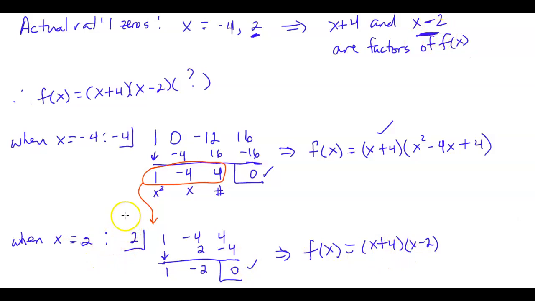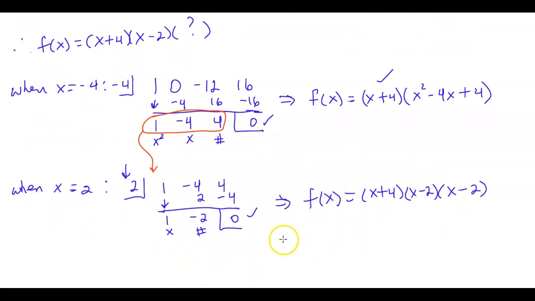And of course, that's what this means here, that we're actually dividing by x minus 2. And then, of course, the result here, you see that this is the coefficient for the x term, coefficient for the constant term, and thus that ends up being the other x minus 2. So this is how we can use synthetic division successively to be able to factor down our polynomial.